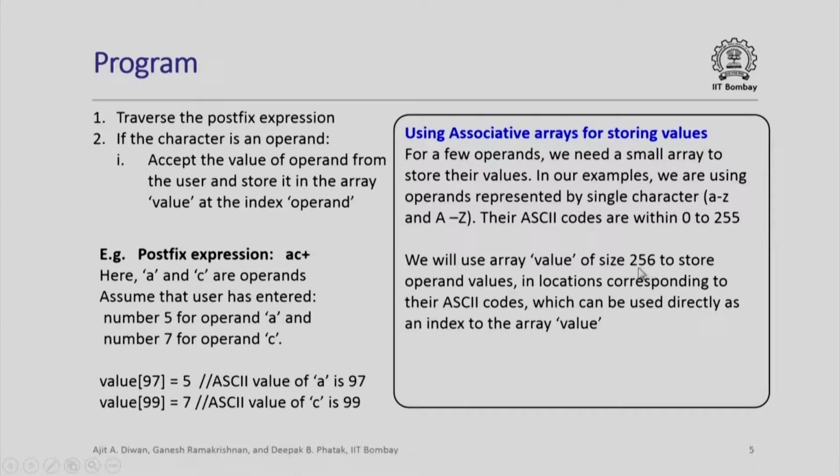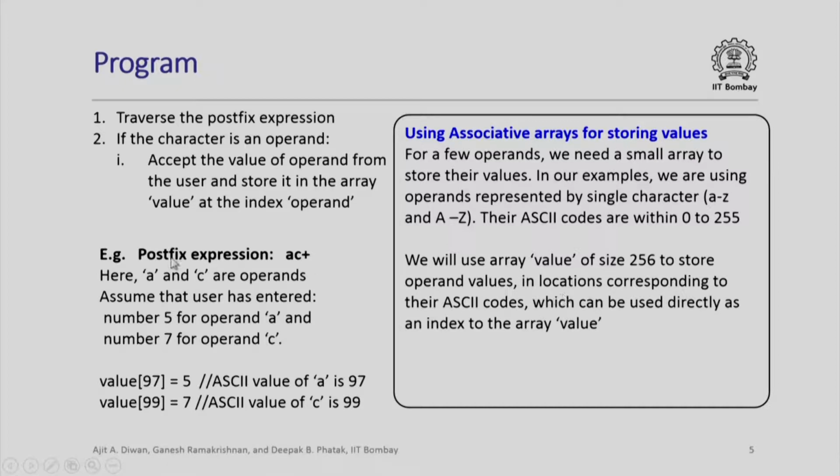This is a large array, but suppose we said that the value of an operand A will be stored in that element which corresponds to the ASCII code of A. The value of an operand capital P will be stored in that element of this array which corresponds to the ASCII code of operand character P. This way, while many of the locations in the array will remain unutilized, we will be able to use the ASCII code of the operand directly as an index of this array.